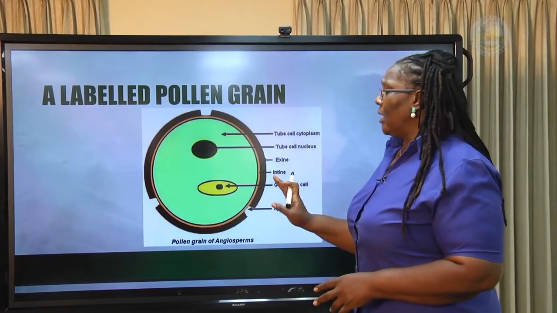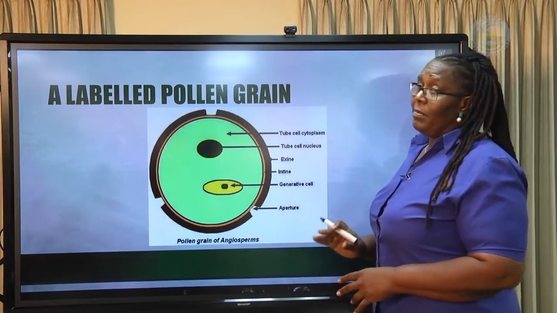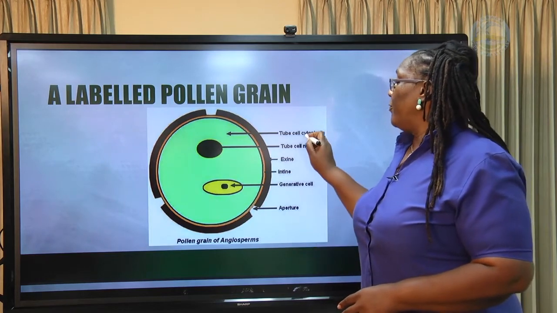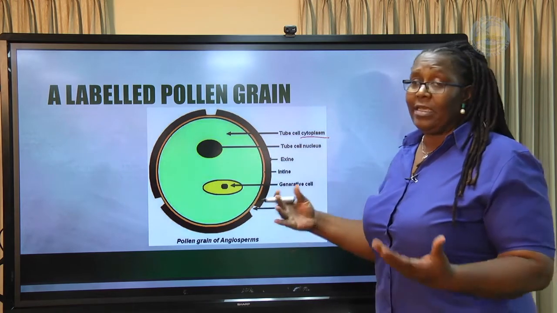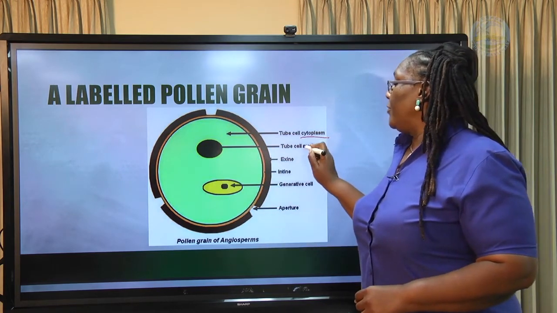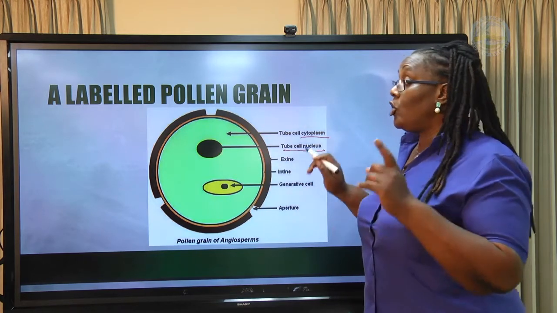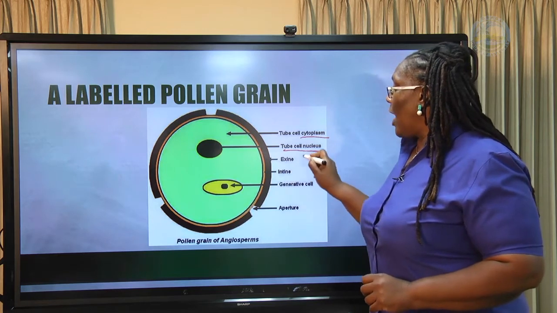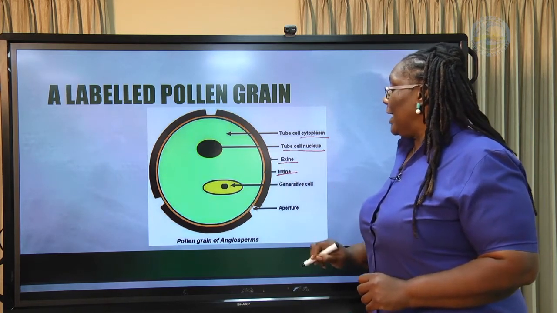So this is, remember, a cell. All cells contain cytoplasm. They contain a nucleus and many other structures. So the main things you have here, you have the cytoplasm, this jelly-like substance in which everything is sitting. You also have the nucleus. Now this nucleus here is the tube nucleus, and we'll see how this comes into play in a little bit. You also have a structure called the exine, and then another one called the intine.